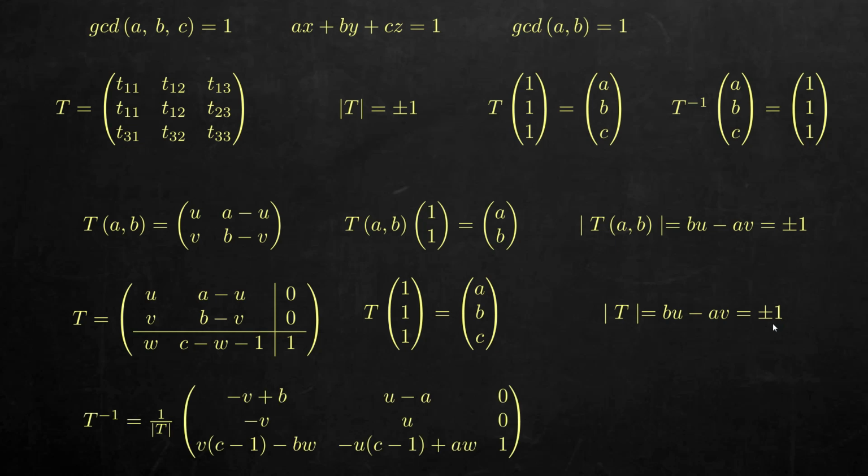The inverted matrix will map the vector A, B, C back to the vector 1, 1, 1, meaning that the rows of this inverted matrix shown here are the values x, y, z, which are the solution to this Diophantine equation.